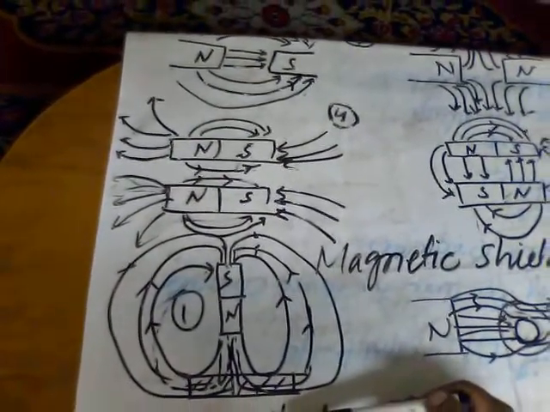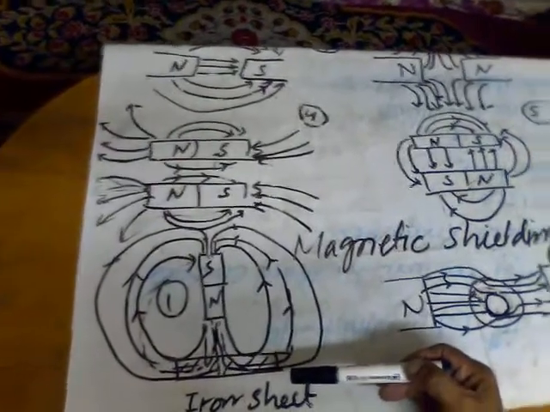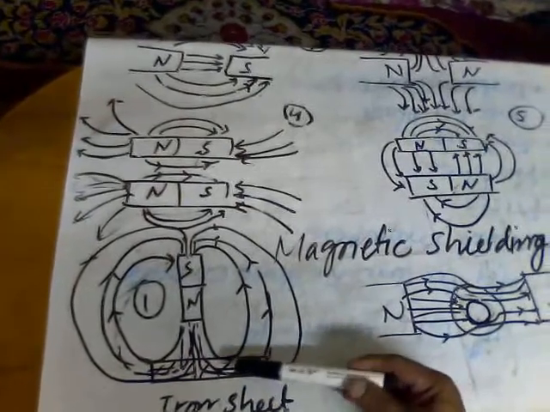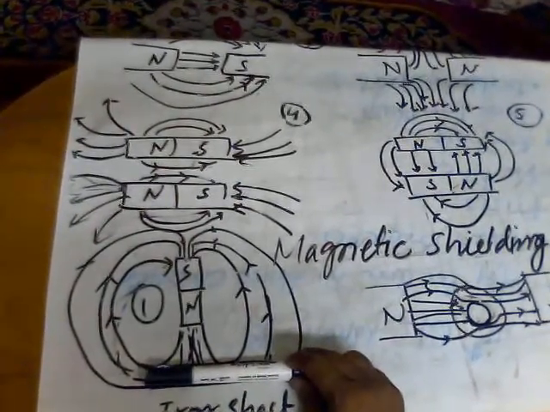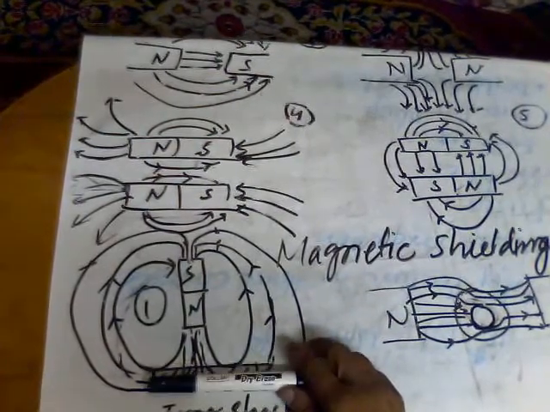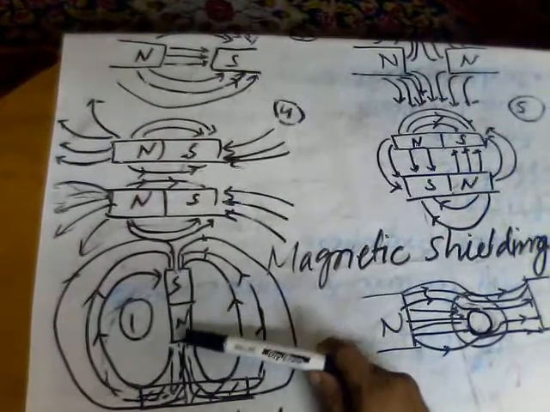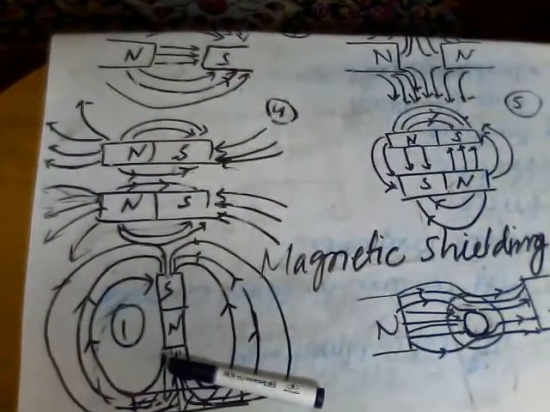Some problem with the camera, sorry that I'm unable to show you. So the iron sheet is placed here, like where I place the marker, and the magnet is at a little distance.